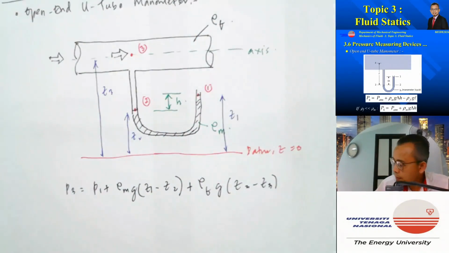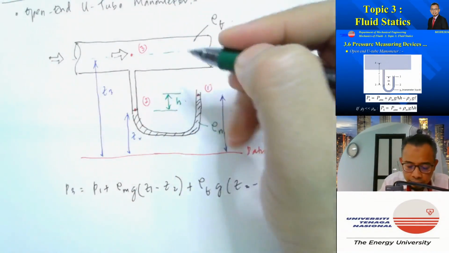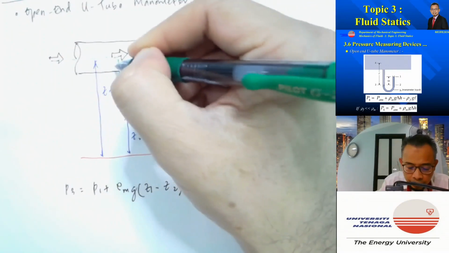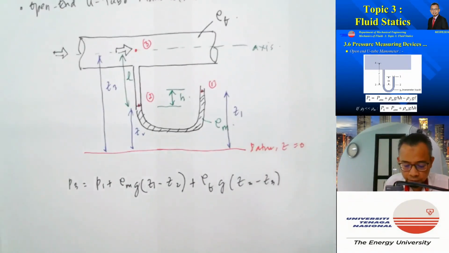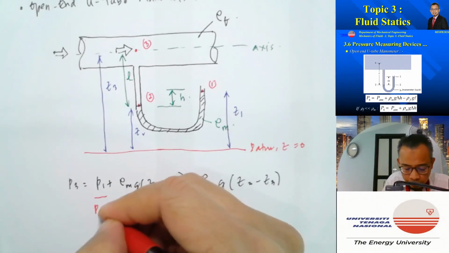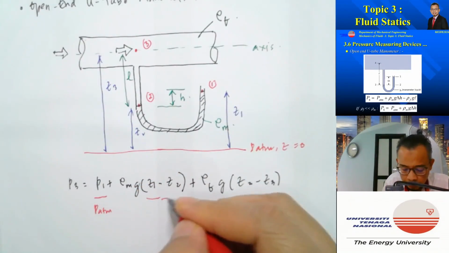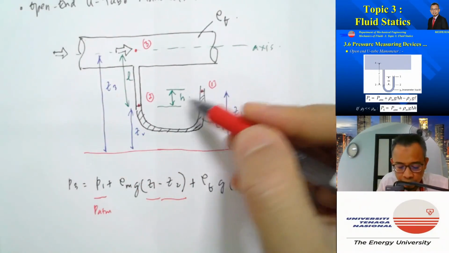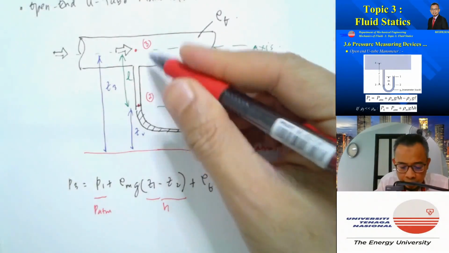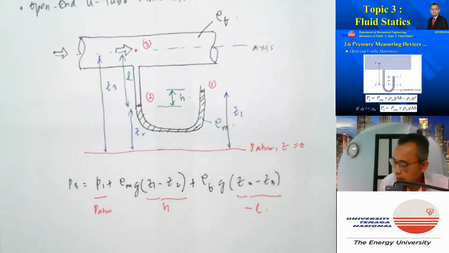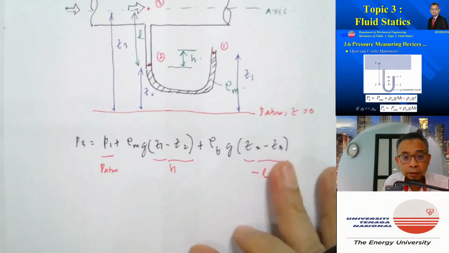Okay, so let's say this height is given by L. So now, what is P1? P1 is P atm. What is Z1 minus Z2? Z1 minus Z2 is equal to H. What is Z2 minus Z3? It is minus L. Right? So we can write the equation.